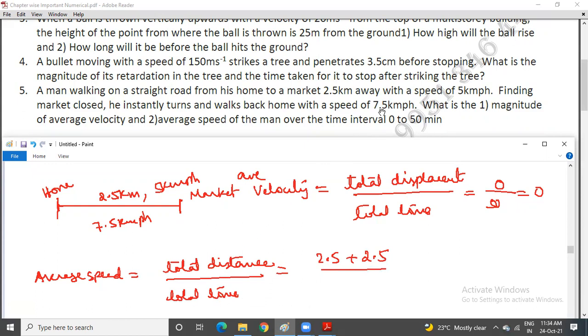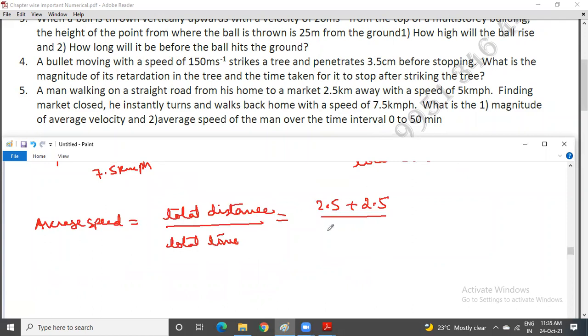Now what is the total time? You can follow two methods, making use of 7.5 and 5, or you can change the 50 minutes into hours also. Both ways you can follow.